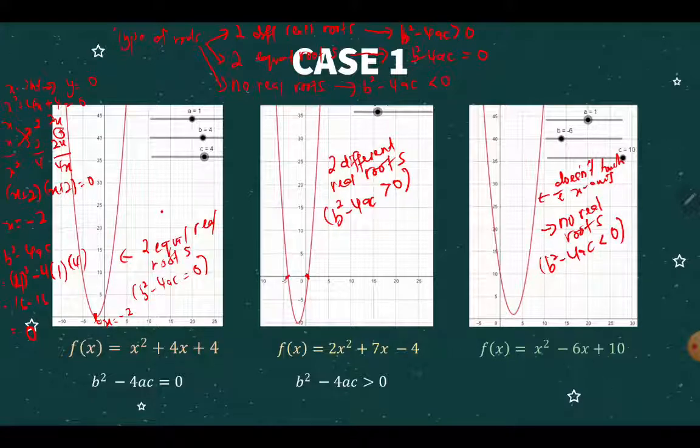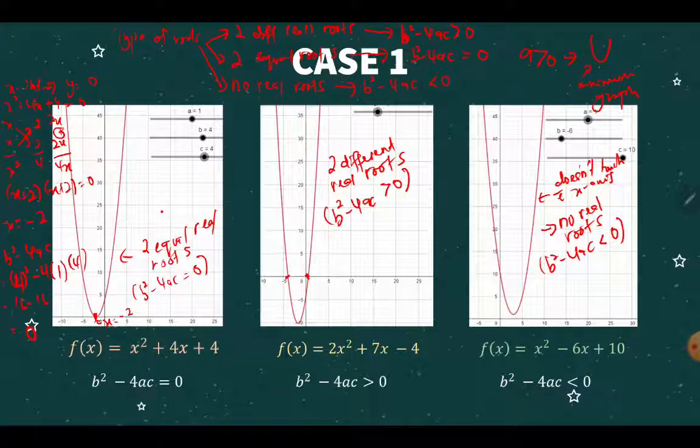This is case 1, in which a is greater than 0. When a is positive, the graph is a minimum graph.